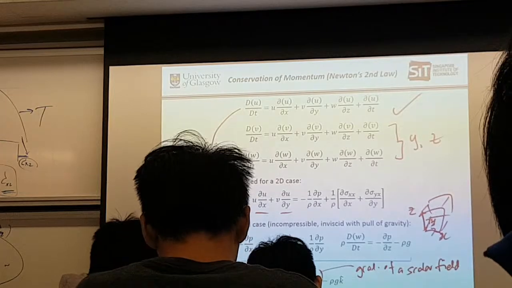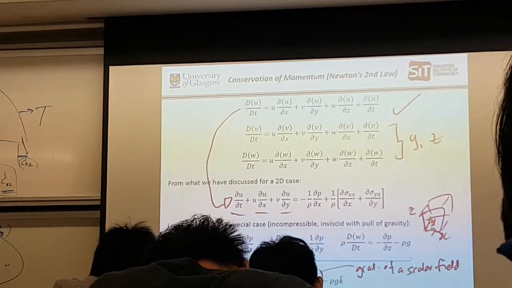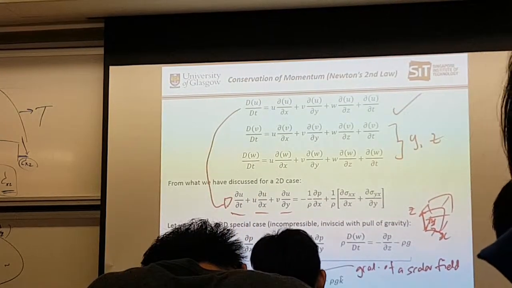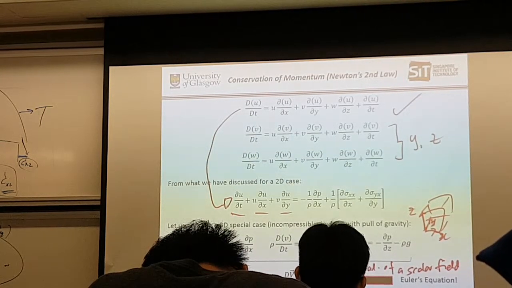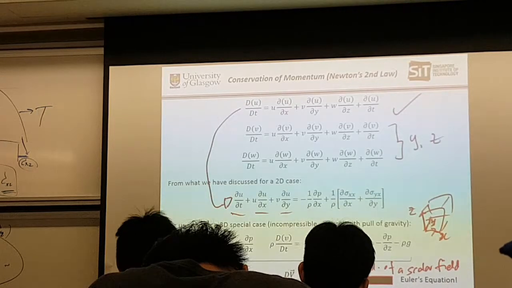So this term is just your grad of a scalar field. I'm just combining all these together. And this equation is actually a very famous equation, known as the Euler's equation.